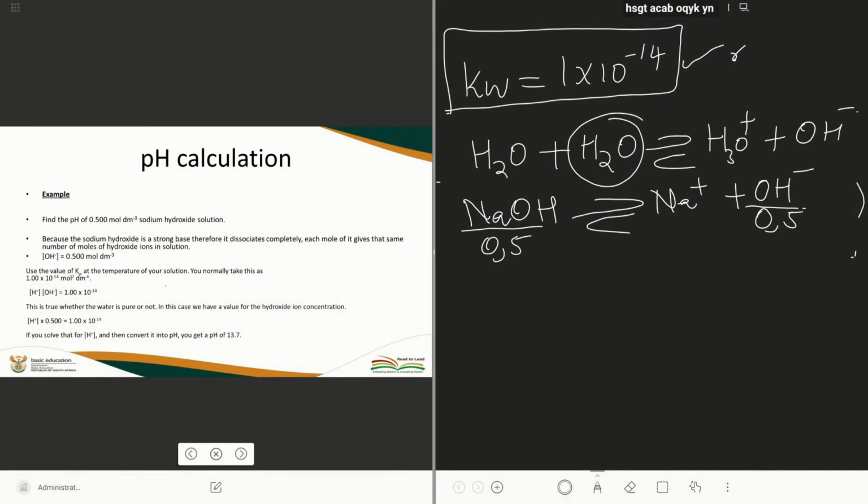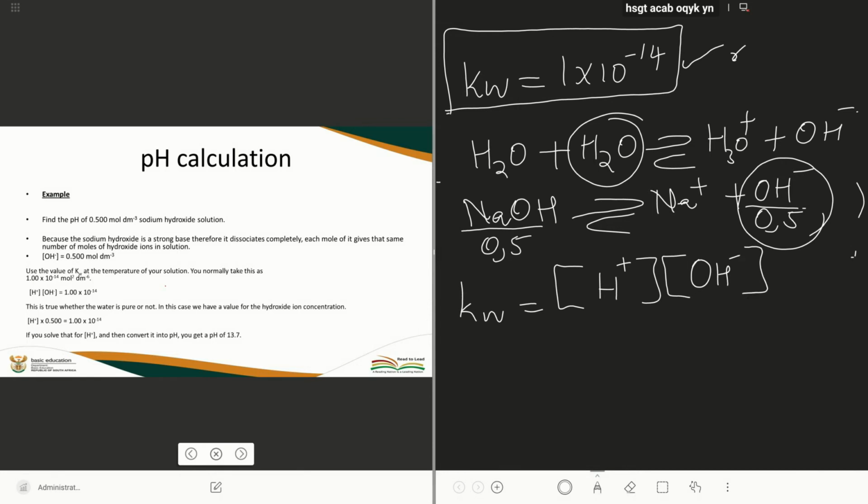Therefore, when you know the concentration of the hydroxide ion, you can easily go back to Kw, which is equal to the concentration of H plus ion multiplied by the concentration of OH minus ion. Remember, the value for Kw was given to you as 1 times 10 to the exponent minus 14.